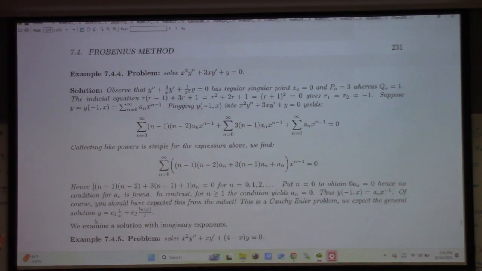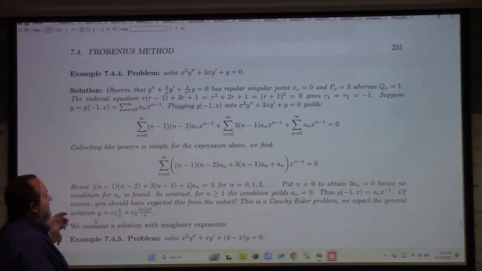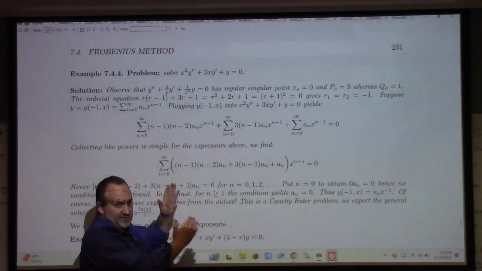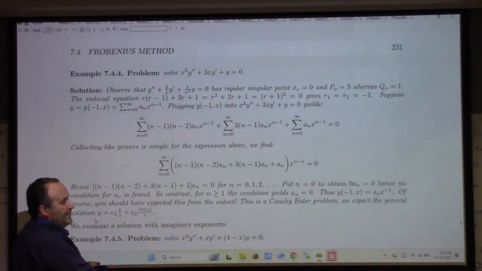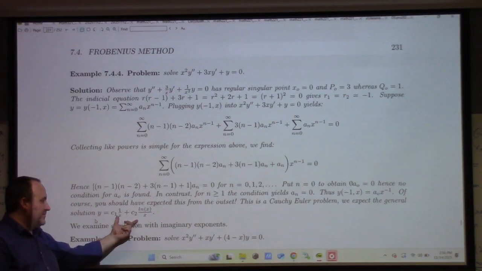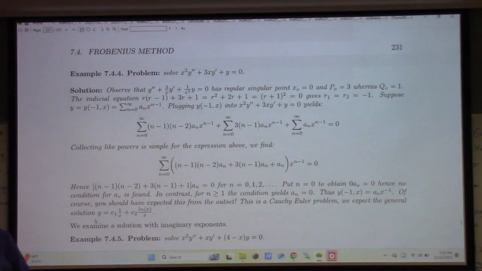The recurrence relations truncate because the Cauchy-Euler problem doesn't have an infinite series of power functions. It just has 2 power functions for your general solution, right? So when you work through the details in the method of Frobenius, everything crashes out except for the first 2 terms. That's it. And we remember that when we have a repeated root, we had to do the repeated root thing, so somehow natural log comes into the scene.